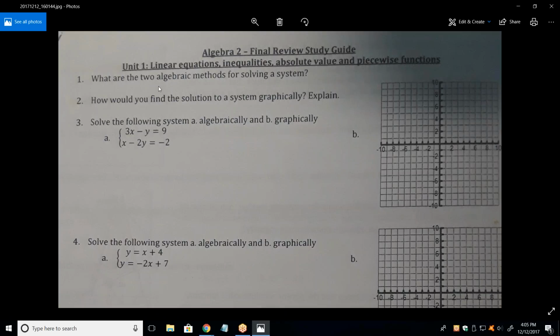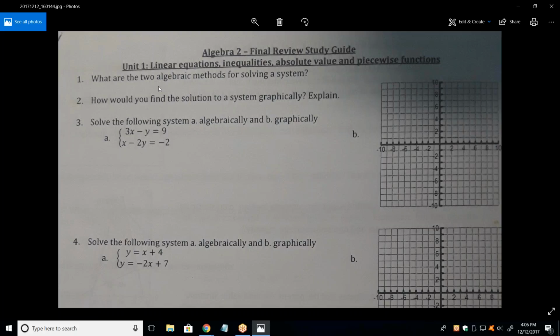What's the answer to 1? For solving a system. Dividing? Would that be one? No, elimination and substitution. Okay.